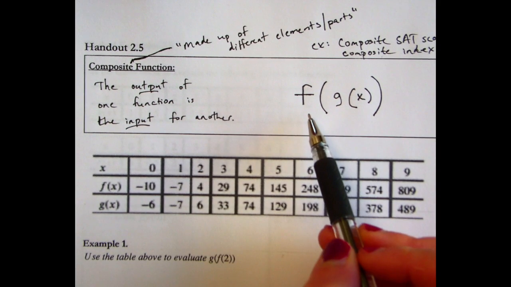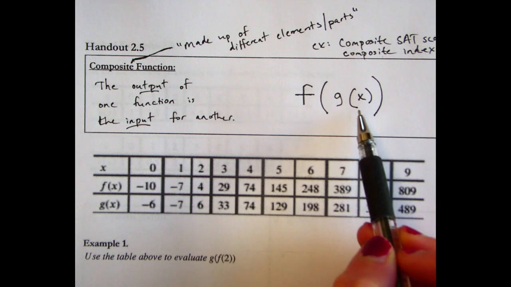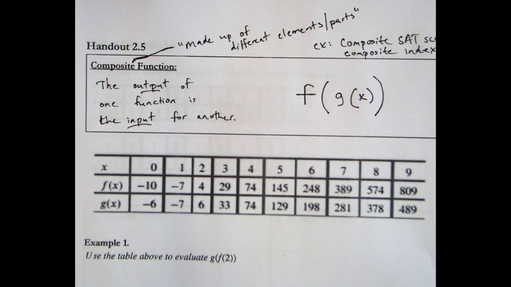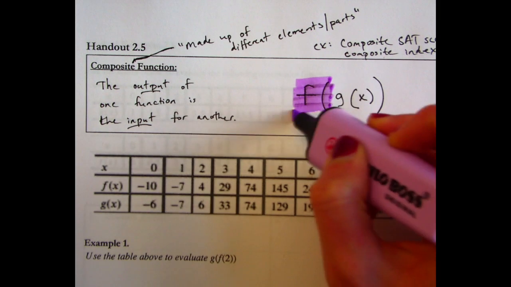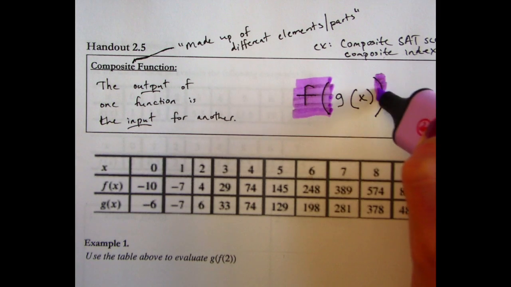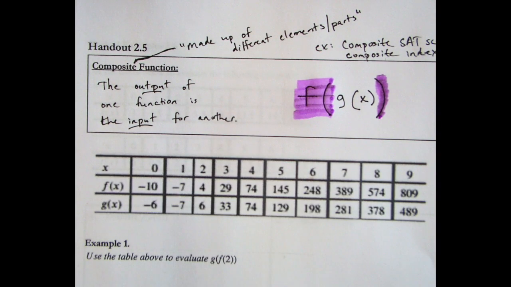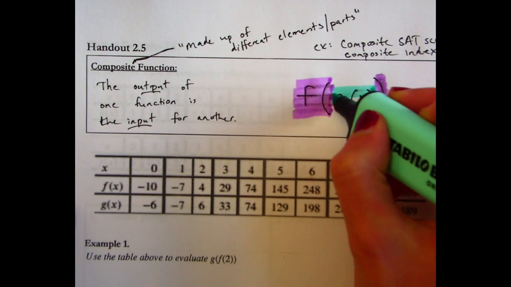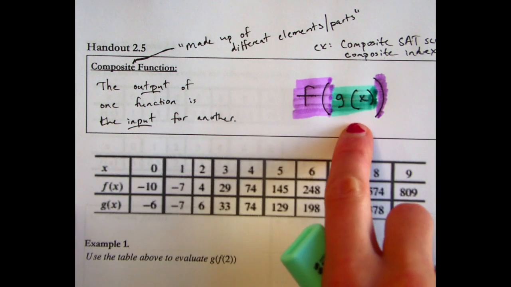There's f on the outside and then there's g on the inside. Let's use a little bit of visualization to see this clearly. This purple function is one piece, the outside function. And then this g is actually a totally different function, and this is inside of f.